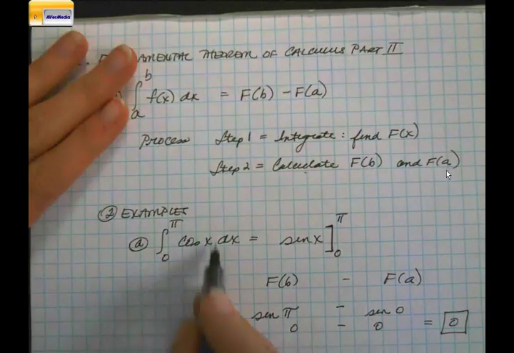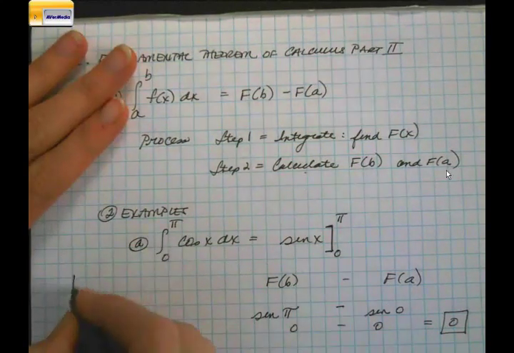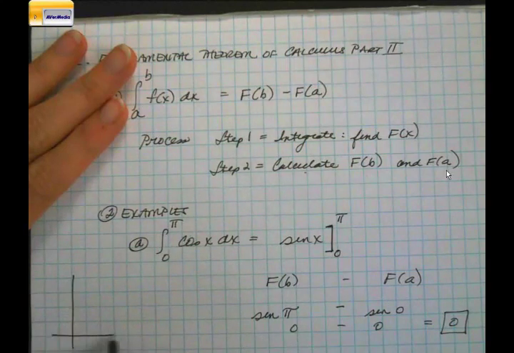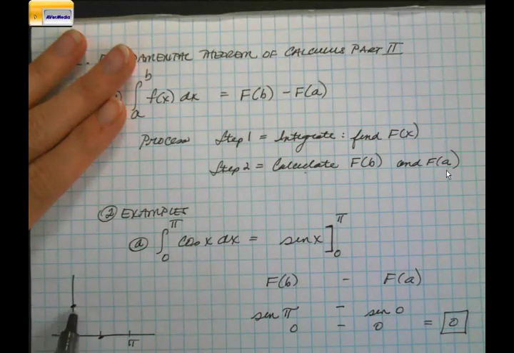If you graph cosine x between 0 and pi, at 0 it equals 1, at pi halves it equals 0, and at pi it equals negative 1. So it's a wave that looks like this.